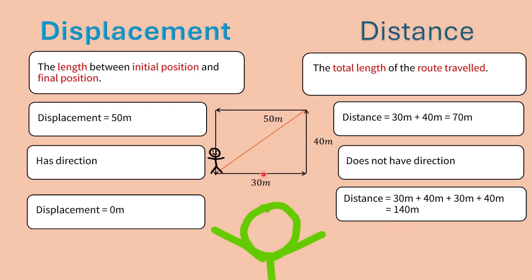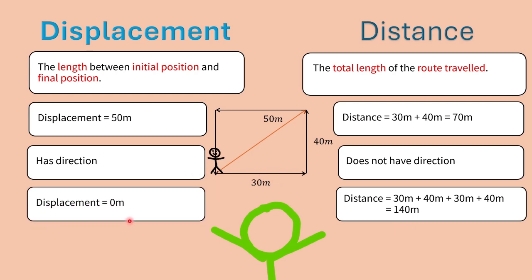However, your total displacement is 0. Why? Because you are at your initial position. Your length between the initial position and the final position is 0. Thus, the displacement is equal to 0. I hope you can understand my explanation.